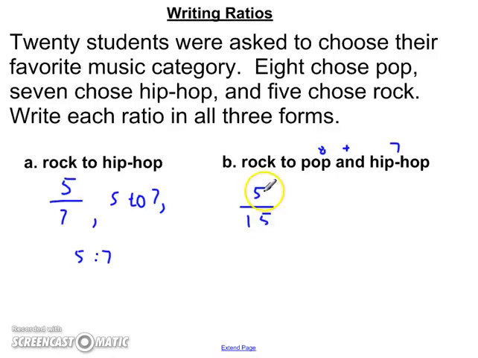And so in this particular case, 5 to 15, this could be reduced. But I'm going to go ahead and leave it 5 to 15 as a phrase using the word to. And then we also have 5 colon 15. When we get into the equivalent ratios and things like that, we would reduce this. But for what we're doing, 5 to 15 is fine.